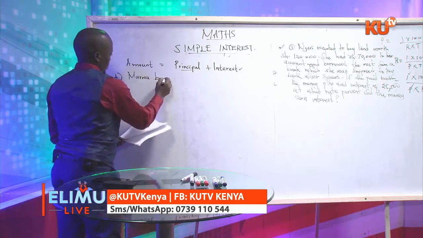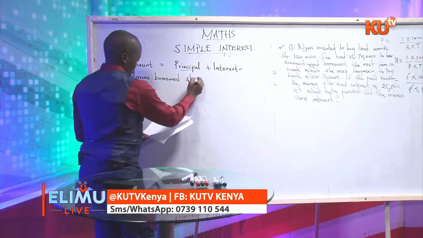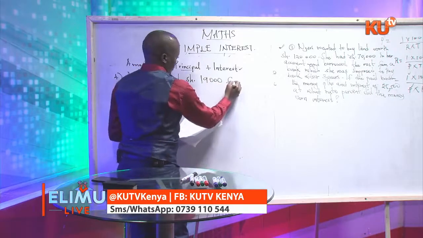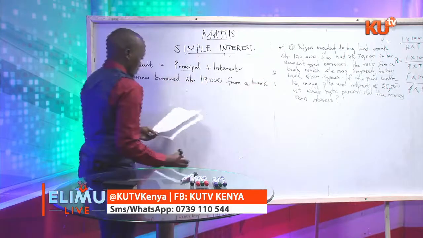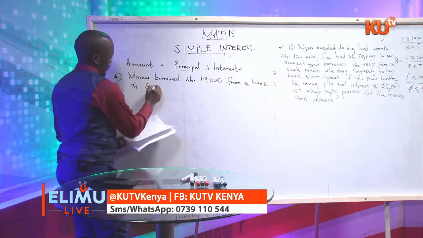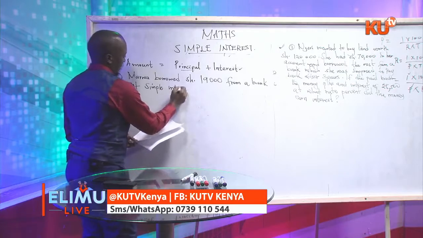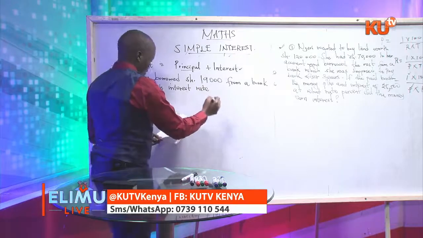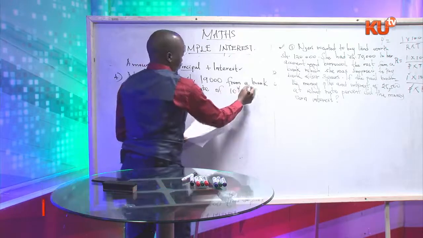Marwa borrowed 19,000 shillings from a bank at simple interest rate of 10% for 2 years.